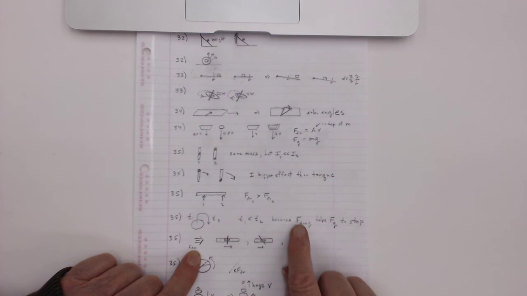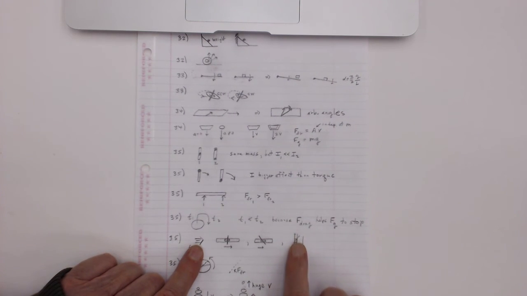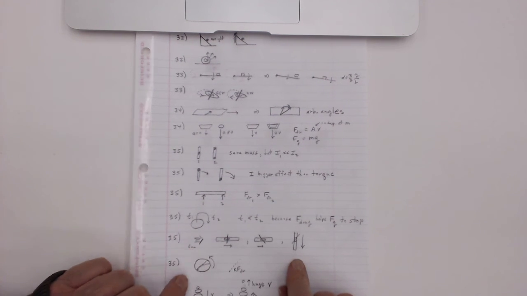But if we had the track perpendicular to the fan, we could actually keep accelerating this thing. And if this angle were small enough, we could go faster than these guys. We could go faster than the speed of the wind eventually.